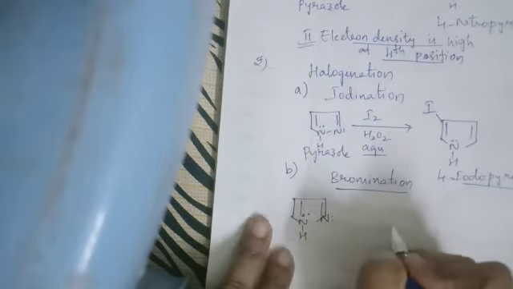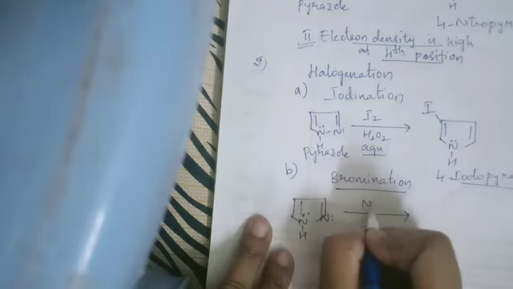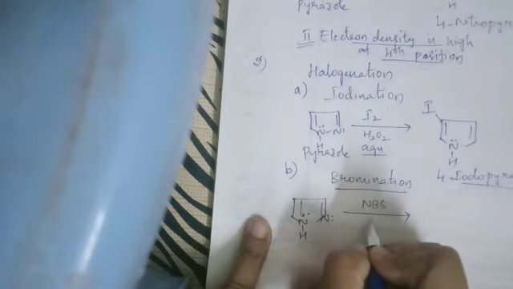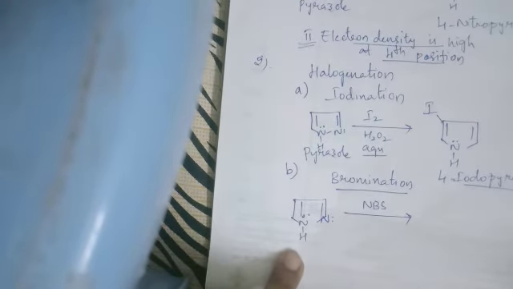This is the pyrazole reacting with the NBS, N-bromosuccinamide. Already I have discussed N-bromosuccinamide. If you remember what is N-bromosuccinamide, please check your previous notes.